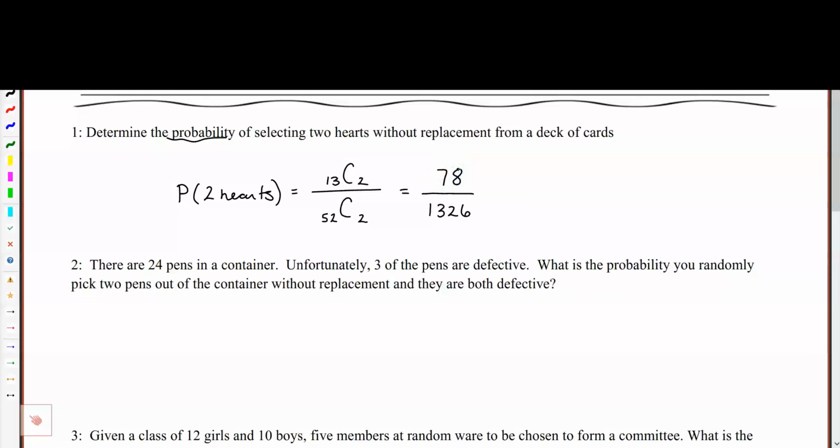So there are 78 ways to get 2 cards that are hearts, and 1,326 ways to get 2 cards out of the deck. This is the count of how many satisfy our event out of how many outcomes total in the sample space, and simplified this ends up being 1 out of 17.